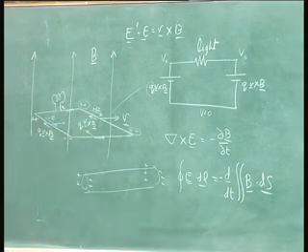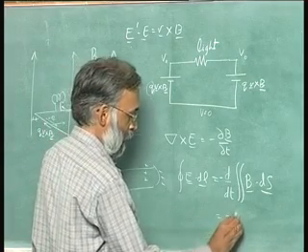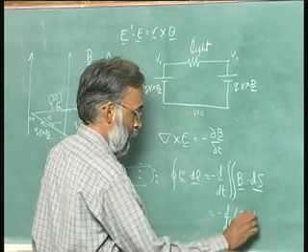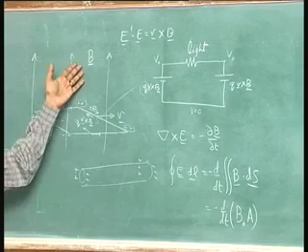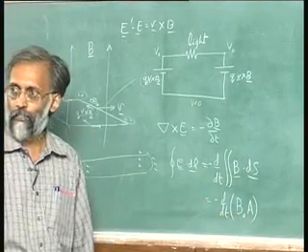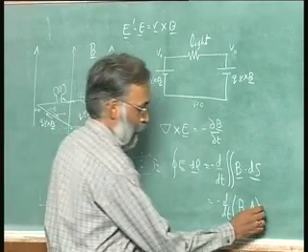Now, what is B dot ds? It is just this magnetic field B naught times area. B is uniform, it is not changing in time, area is constant because this circuit is not deforming, so it is equal to 0.